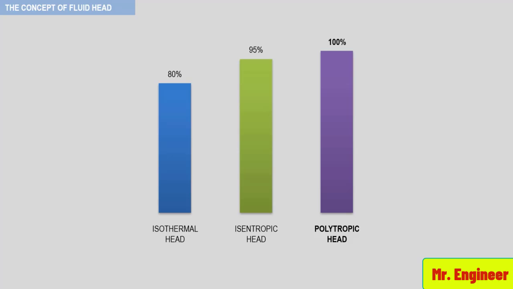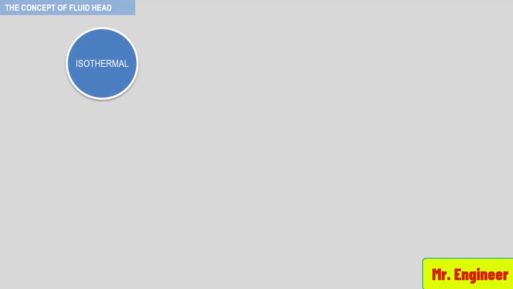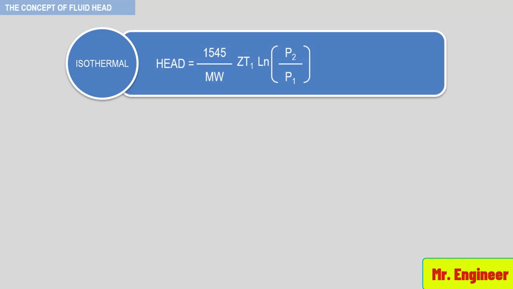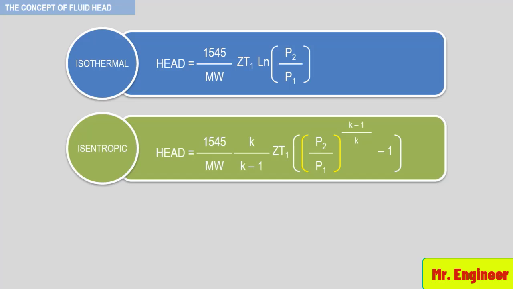The first head equation that we will see is for the isothermal compression. Then the isentropic or adiabatic, and then the polytropic equation.